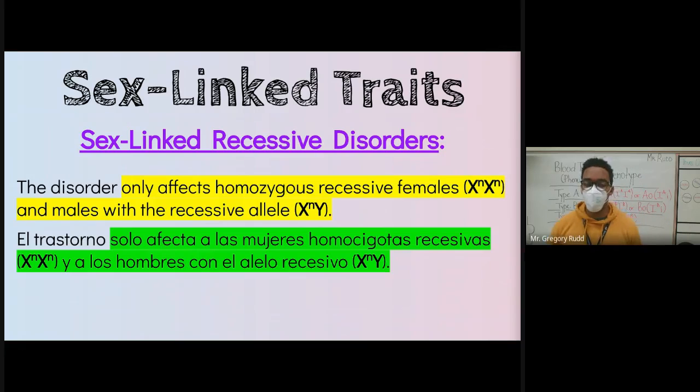So the only way to get this disorder is if you are homozygous recessive, if you have nothing but the recessive allele. If you have a dominant allele, you won't have the disorder because the dominant allele will actually hide the recessive allele. It's going to mask it. We'll get plenty of practice with this.